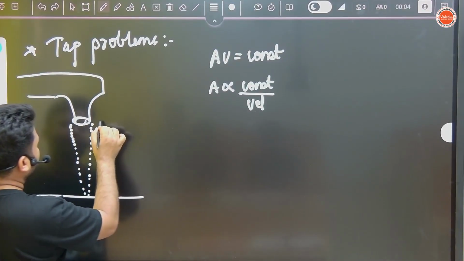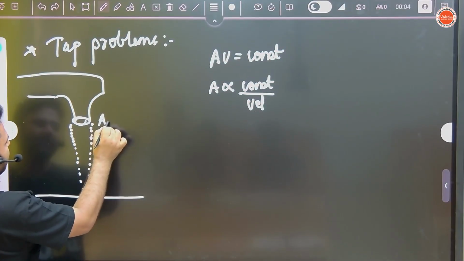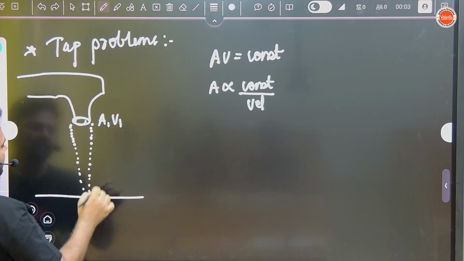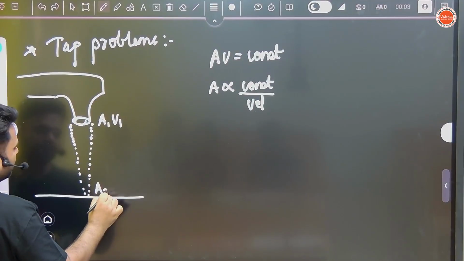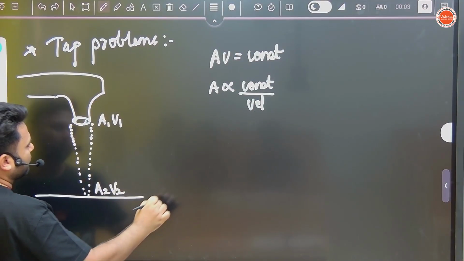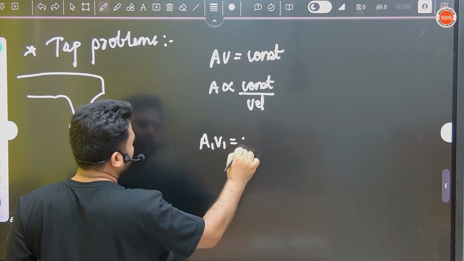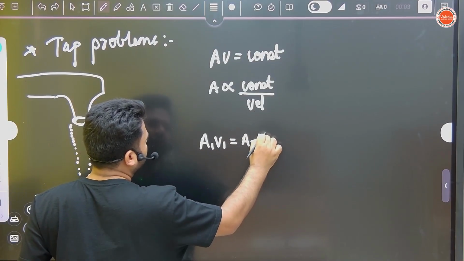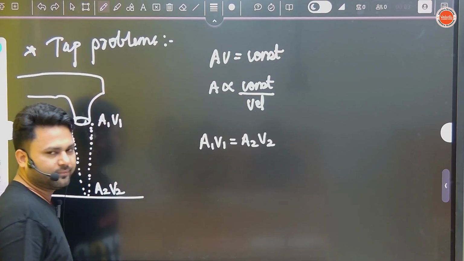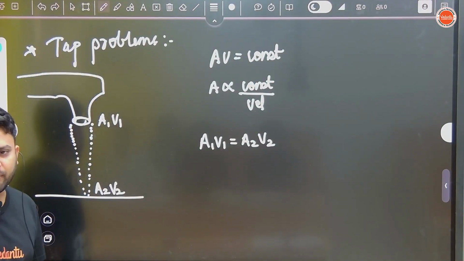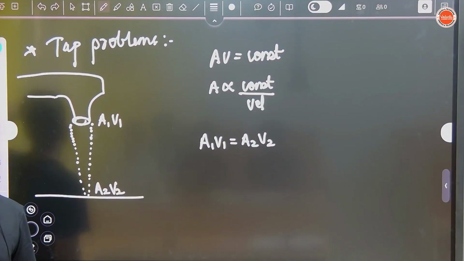What we can write? Suppose here area is A1, velocity of the fluid is V1. Here area is A2, velocity of the fluid is V2. So A1V1 equals A2V2. So for tap problems, you write this equation. And one more equation you remember: V square minus U square equals 2AS.